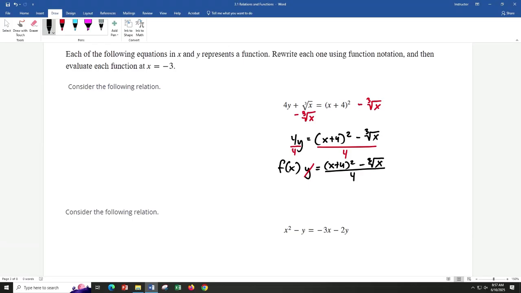But if you're doing some modeling of real world things, I could say, hey, if I want to change my x and y axes to height and time, height being the y, x being the t value, I have a function called h of t, height with respect to time. So don't get used to f of x. You can see g of x, h of t, no matter what.